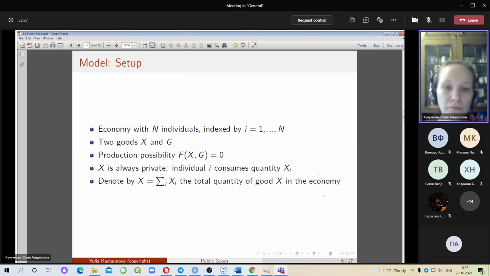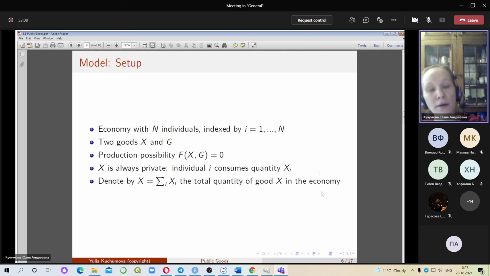So let us consider an economy with n individuals. We will index them by i, and there will be two goods, X and G. The production possibility in this economy would be described by a technological function f of X and G equal to 0.